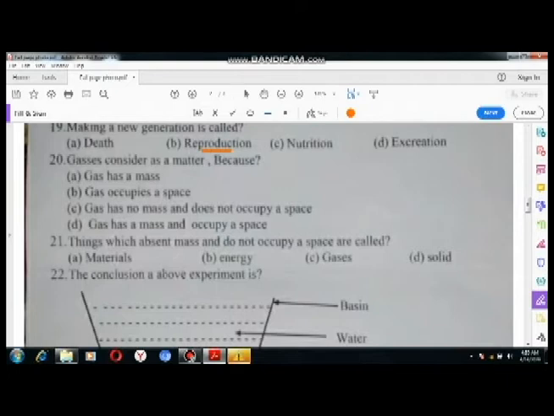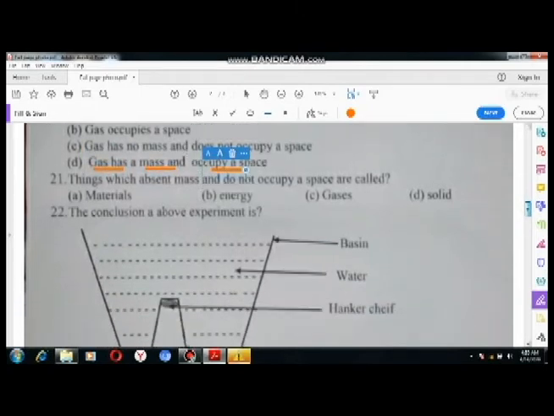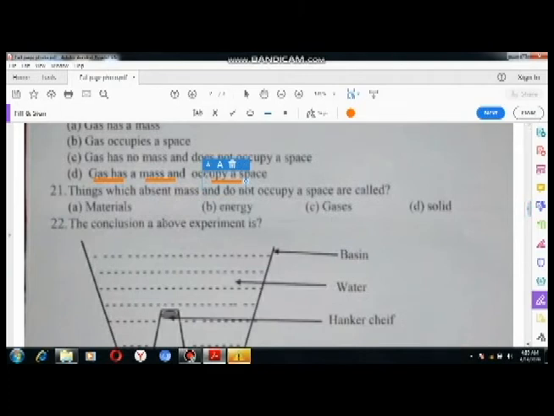Light, sound, heat, all these are examples for energy. So gas is considered as matter because gas has a mass and occupies a space. Answer D. Things which lack mass and do not occupy a space are called energy.